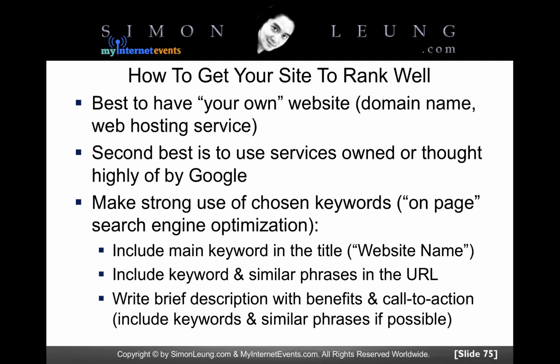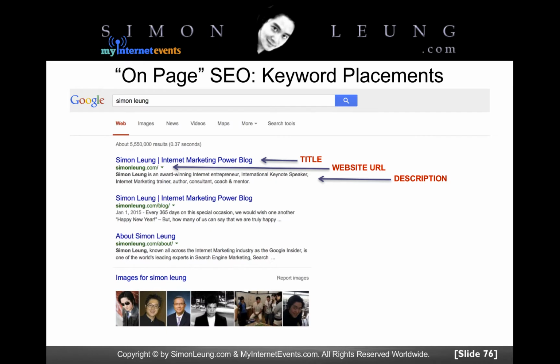Finally, one of the last things that people see on the search result is a brief description of your website. In this area is also where you want to include those keywords or other similar phrases again if possible. To give you an idea of how this looks, this is on-page SEO in terms of keyword placements.